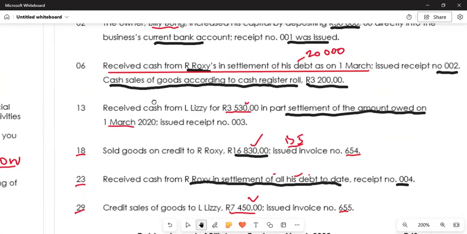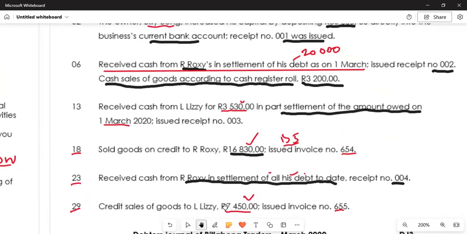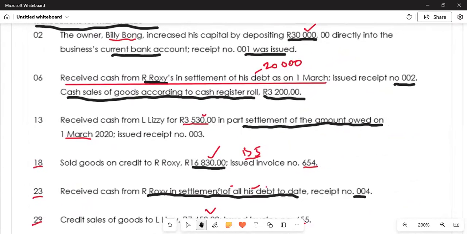As we come to our transactions again, you can see that on the 6th we received cash from this person in settlement of his debt on the 1st March and issued receipt number 002. How much was the settled amount? It was 20,000.